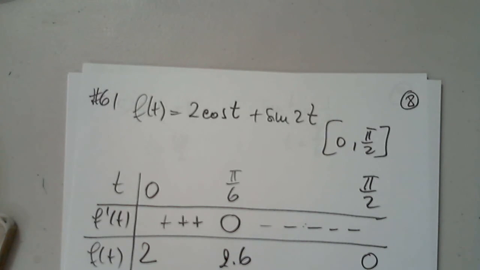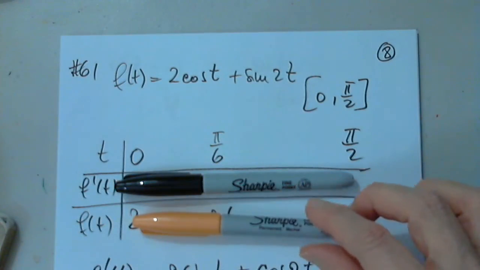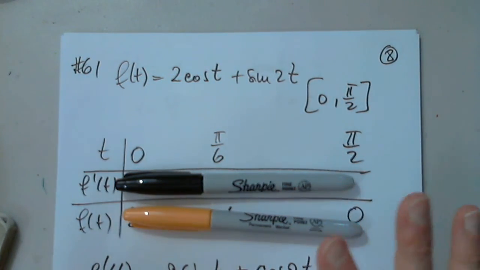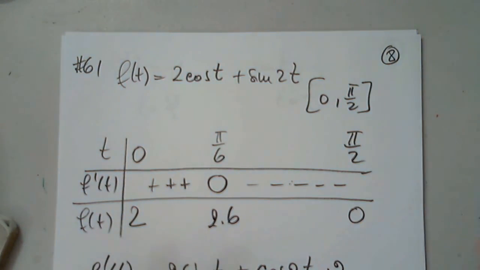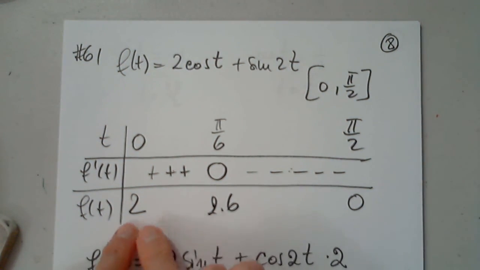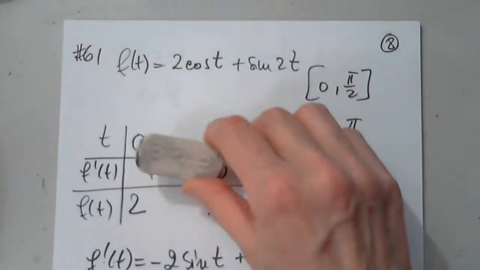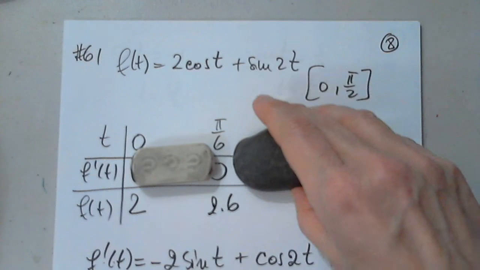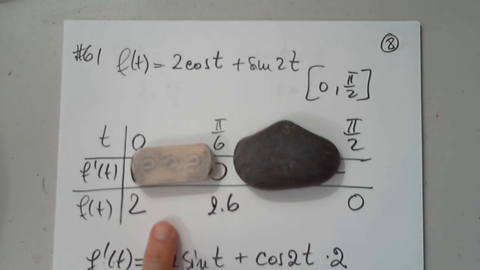Now it's a moment of truth. I have to make sure that these two rows work well together. If they don't, I'll go back to the drawing board and start from scratch. So from 2 to 2.6, what does the function do? Increases.